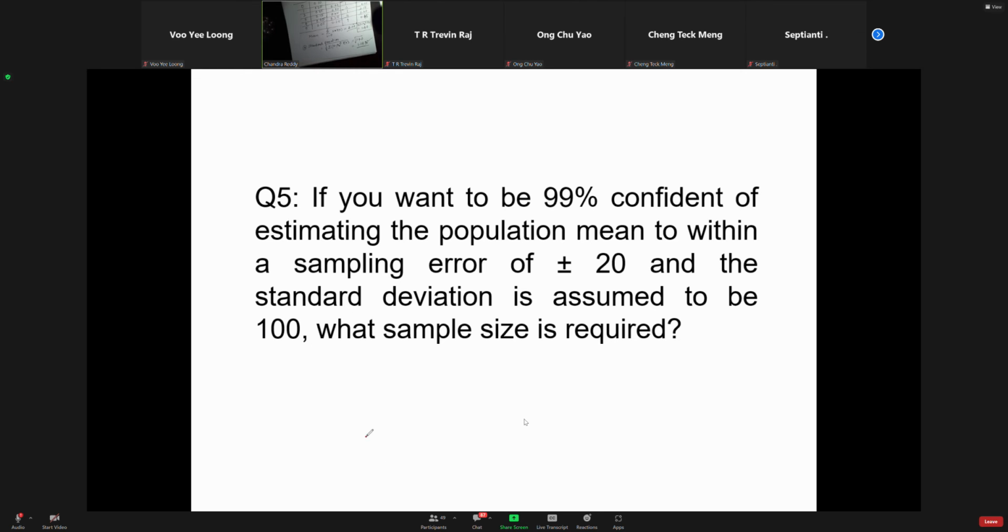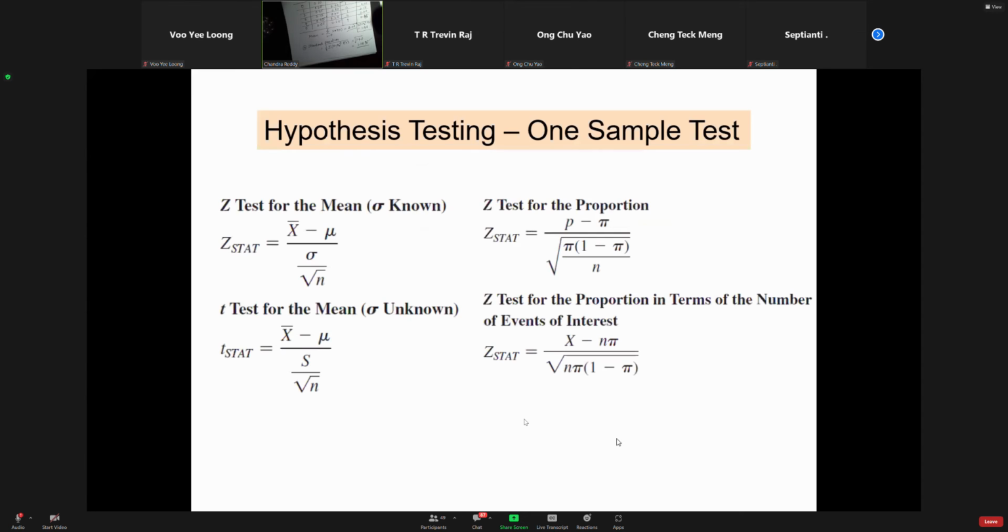So the next topic after confidence interval estimation is the last topic, which is hypothesis testing. Hypothesis testing, again, we do in basically 2 different ways.